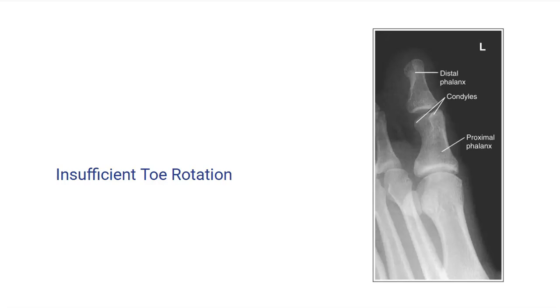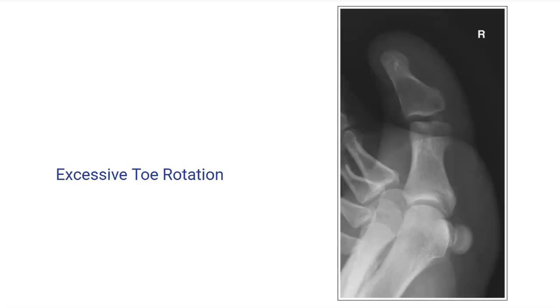In a lateral toe projection, proper rotation is key to achieving accurate imaging. When there's insufficient toe rotation, the condyles of the proximal phalanx are not superimposed, and the metatarsal heads will appear posterior to the first toe. This indicates that the toe and foot are not rotated enough to achieve a true lateral projection.